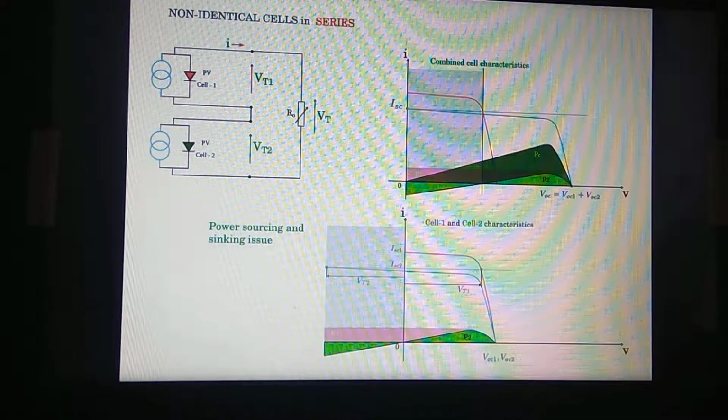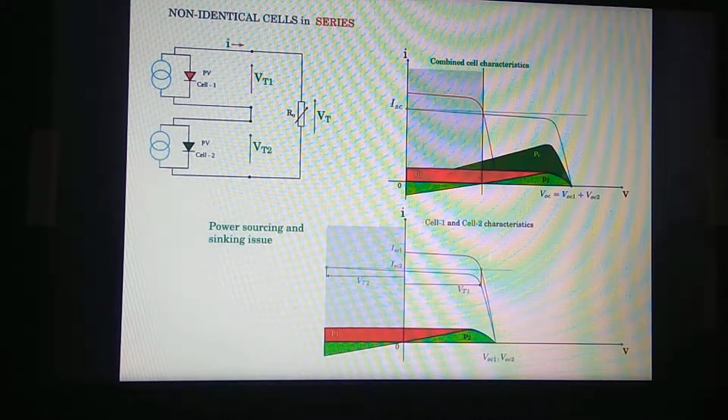Contrary to that, you will see that PV cell 1 is positive in both the regions of the IV curve, and therefore it is always a source. Now, if you look at it, the power is more or less constant.